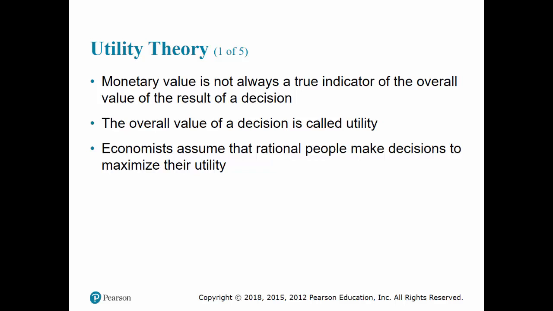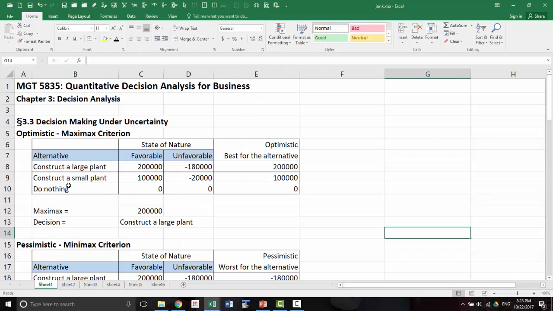Okay, so now the problem is how do you come up with a utility value for a monetary value? Monetary value is fairly easy. You just count the money, that's it. But how can you assign a utility value to a sum of money? In our plant example, we had possible outcomes of 200,000 and minus 180,000 for construct large plant.